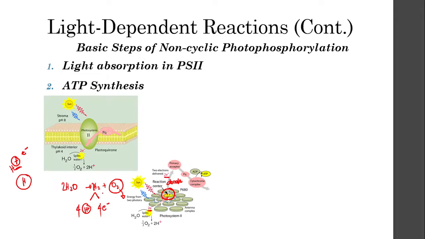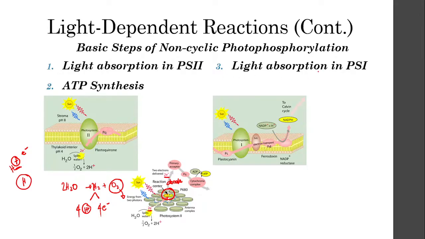This proton gradient is used to create your ATP via ATP synthase, similar to how cellular respiration happens. Then the third part of our light dependent reactions is the light absorption in PS1, or photosystem 1. Remember, after the reaction center from PS2 donates its electron, it moves to a primary electron acceptor, and then goes to our electron transport chain.